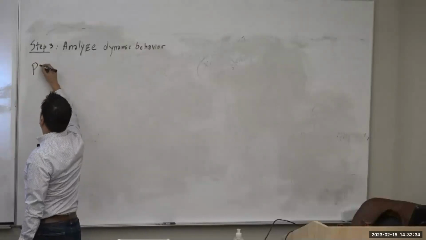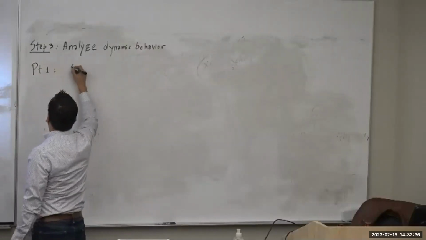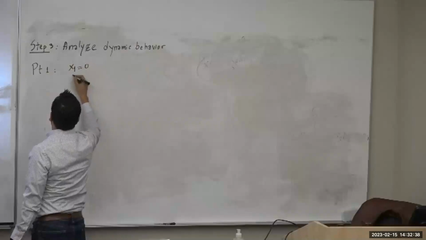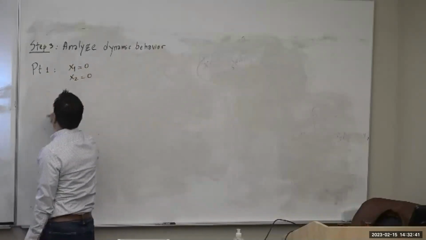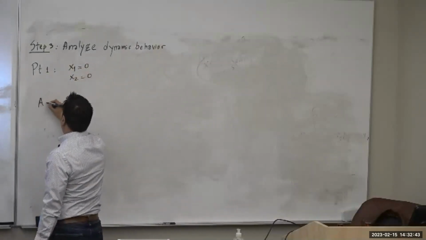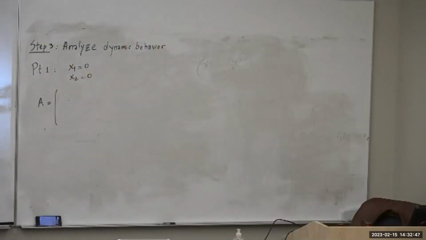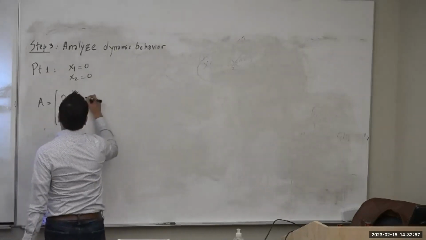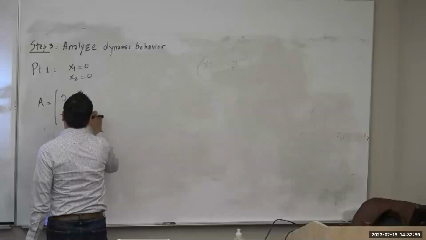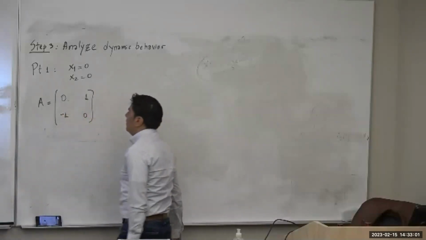Point 1: x1 is 0 and x2 is 0. The matrix of the system at this point will be: the first row is 0, 1, and the second row is -1, 0.